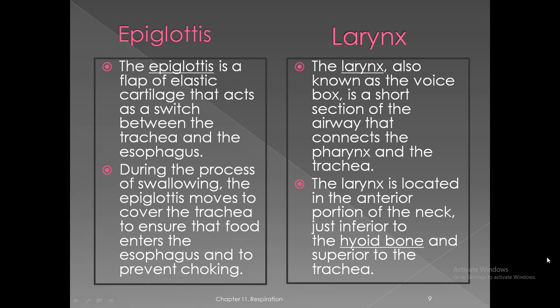Whenever we eat or drink, the epiglottis closes. It protects the opening of the larynx or trachea so that solid and liquid particles don't go inside, while it opens when air comes in or when we breathe. So during breathing it is open, and during drinking and eating it is closed.